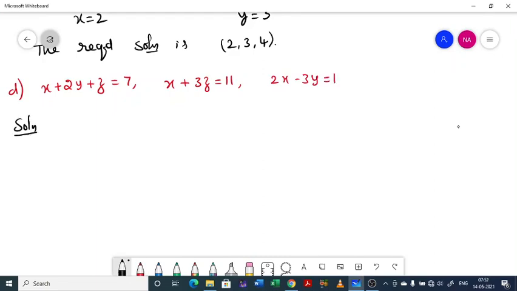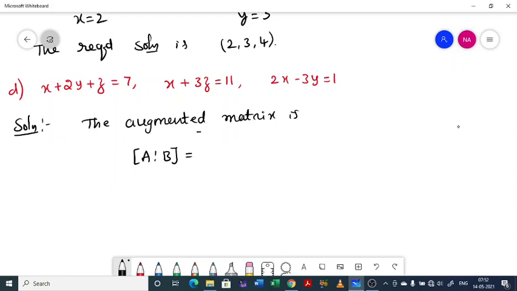The augmented matrix is A colon B equal to 1, 2, 1 colon 7, 1, 0, 3 colon 11, 2 minus 3, 0 colon 1.